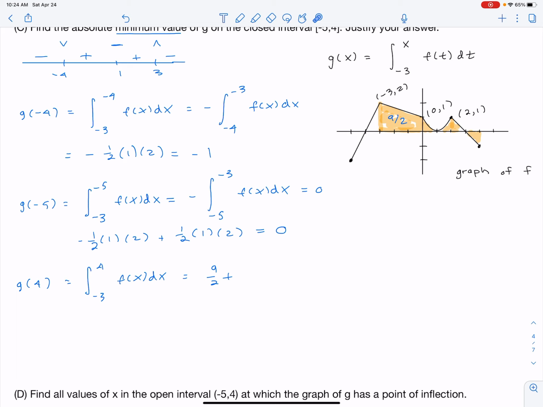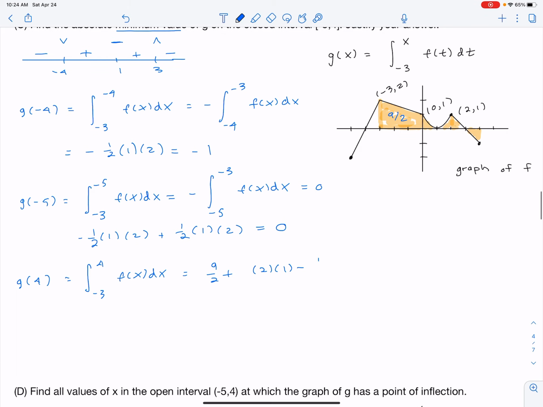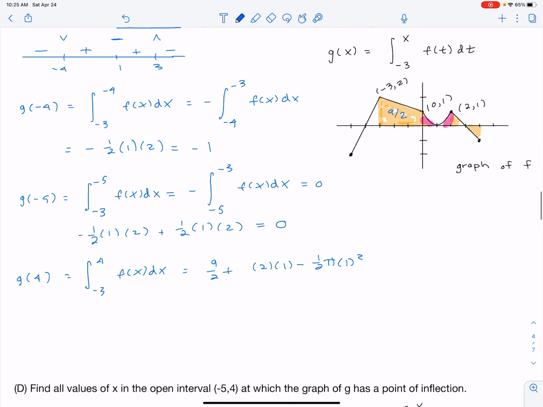The area of the rectangle looks like it's 2 by 1, so it's 2 by 1 minus the area of the semicircle, which is 1/2 pi, r is 1, so 1 squared. Okay, so just so we know where we're at here, I'm all the way to here. And the last thing I need to add is these two triangles. They're equal to each other, so that's 0.